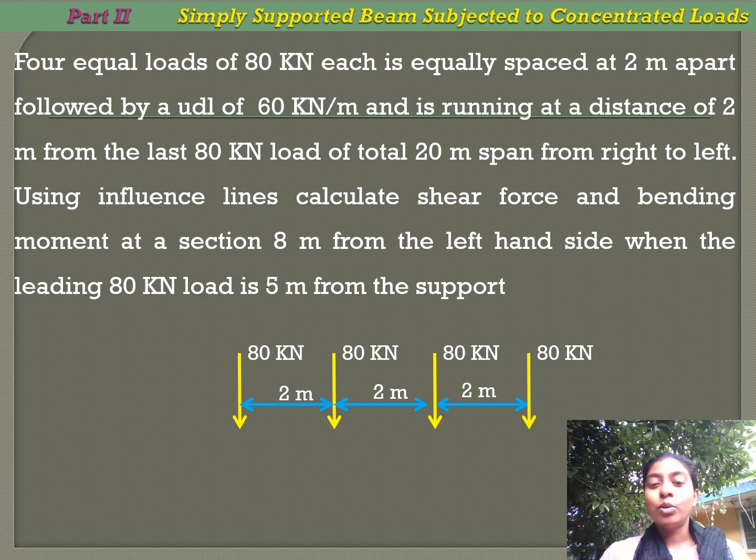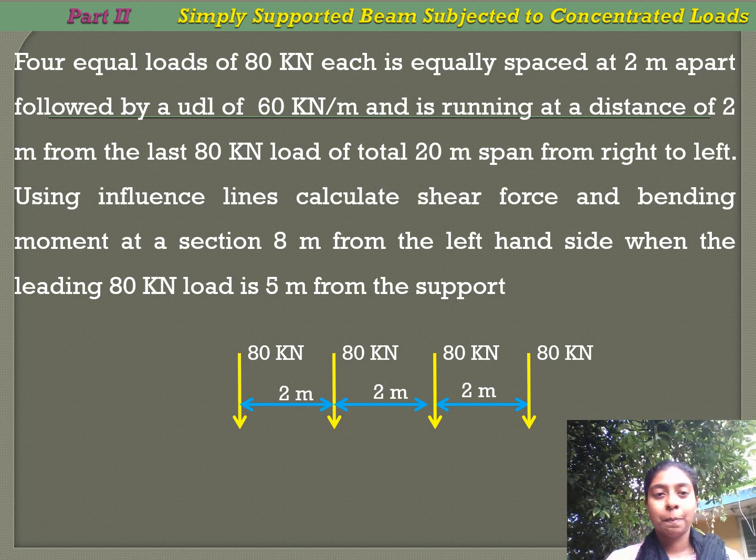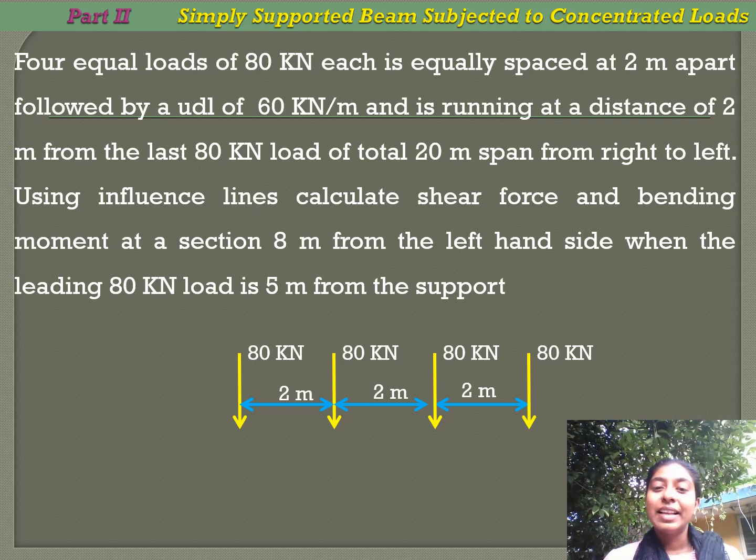Next, these 80 kN loads are followed by an UDL of 60 kN per meter, running at a distance of 2 meter from the last 80 kN load.